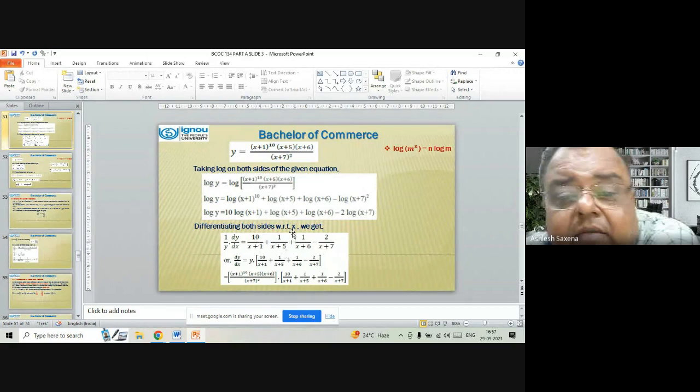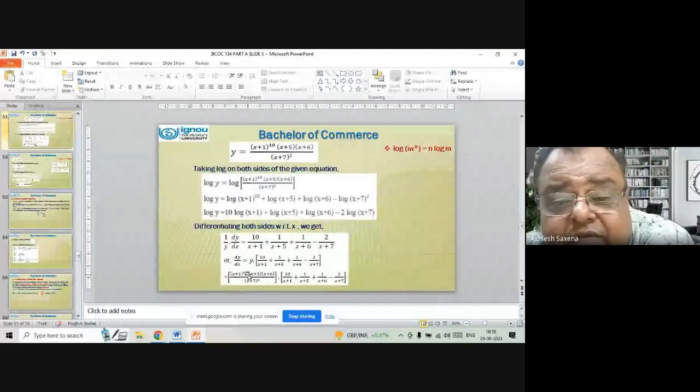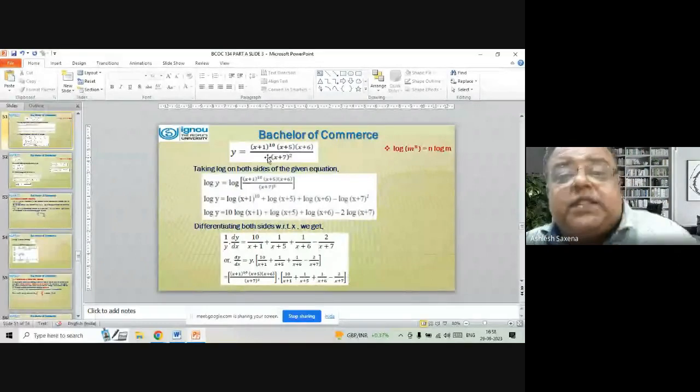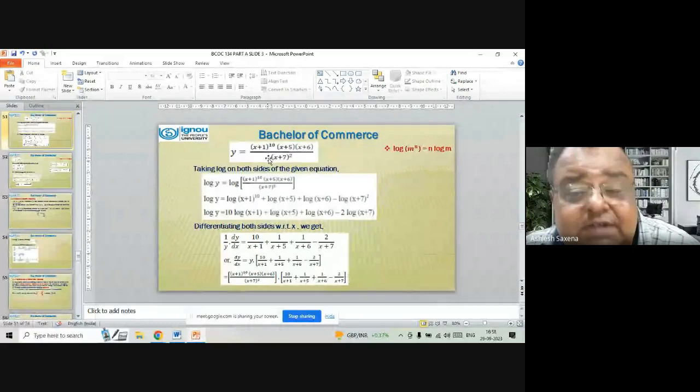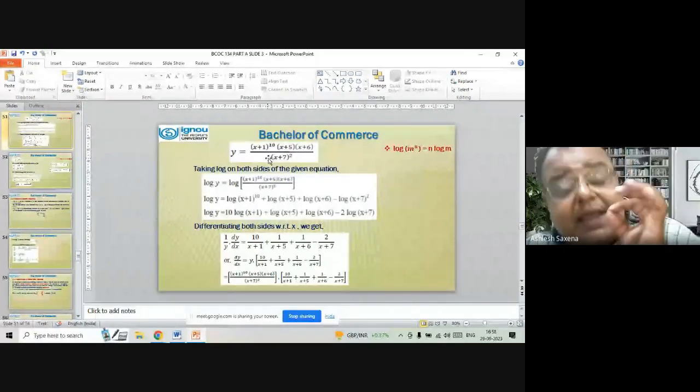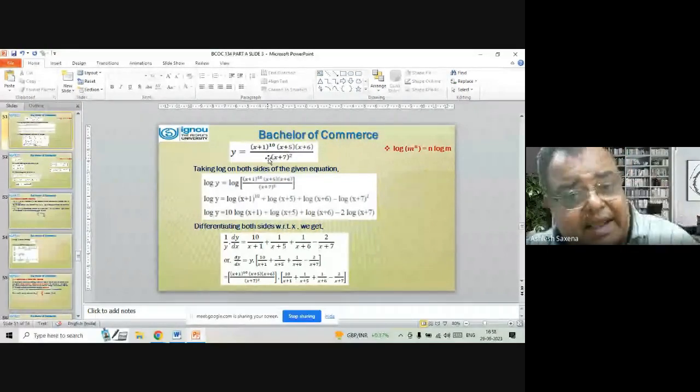Y over here and this. I will be replacing this y by the function. This composite function has been solved in 5 or 6 lines by applying logarithmic tools.